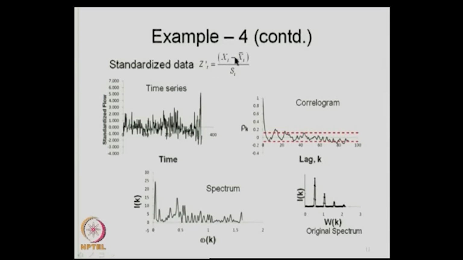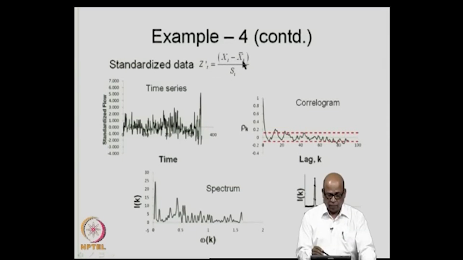In doing standardization, essentially what we are doing is taking out the mean, deducting the mean and dividing by the standard deviation. So, if you look at the standardized data, z dash t is equal to x t minus x I bar, divided by s I. Recall that this I is the month corresponding to the time period t.